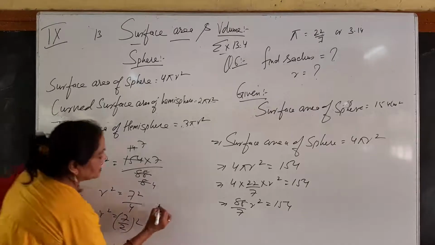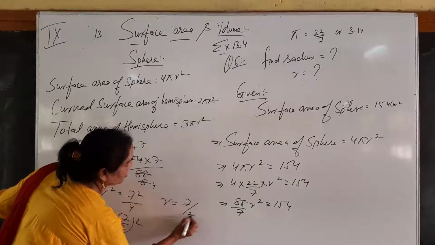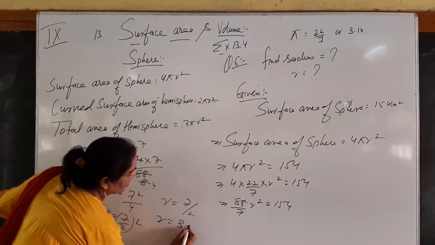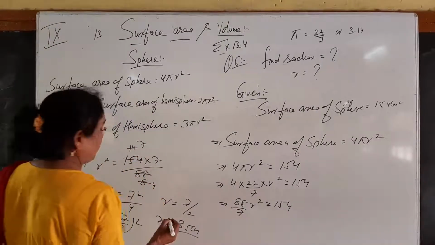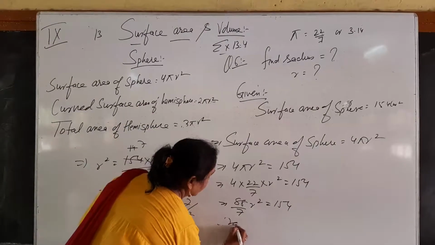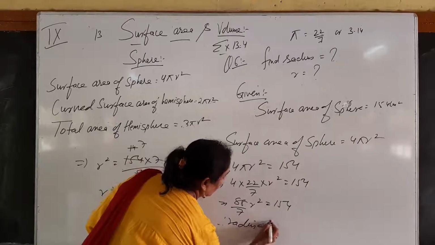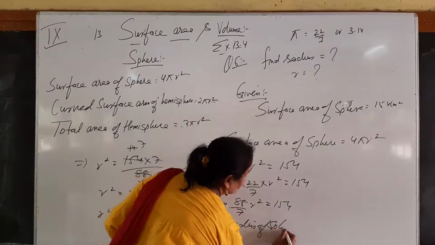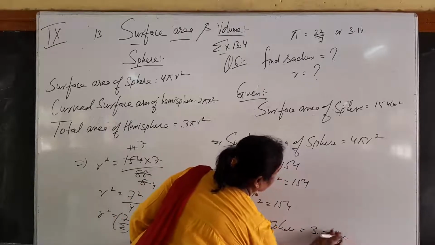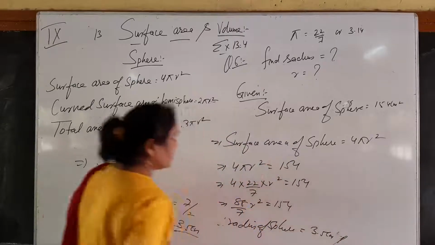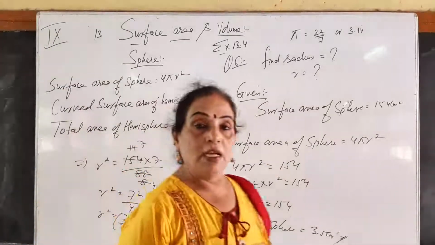This square cancel. So r will be 7 by 2. r equal to 3.5 centimeter. Therefore, radius of sphere is equal to 3.5 centimeter. Radius is given, so it is centimeter.